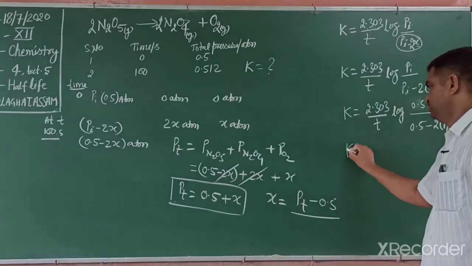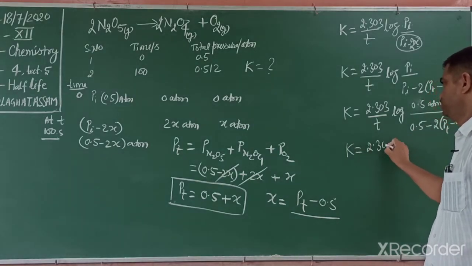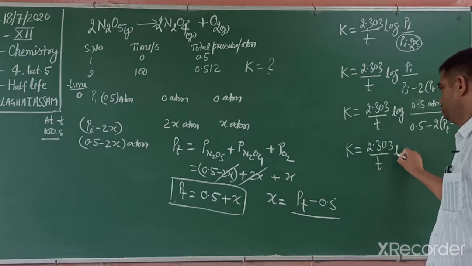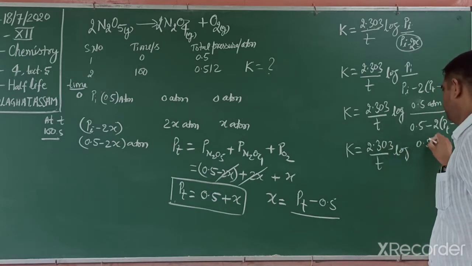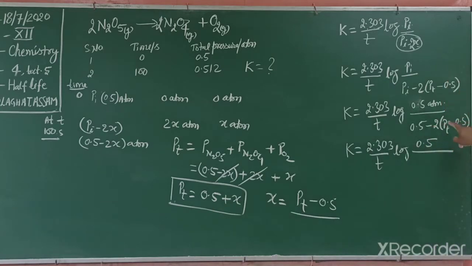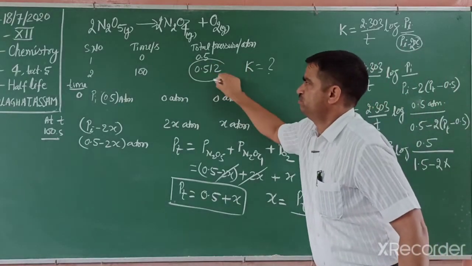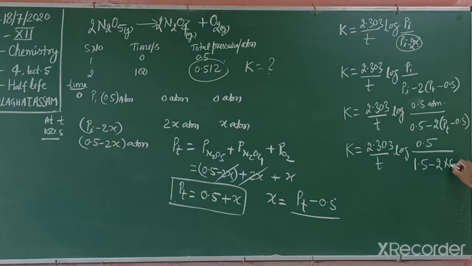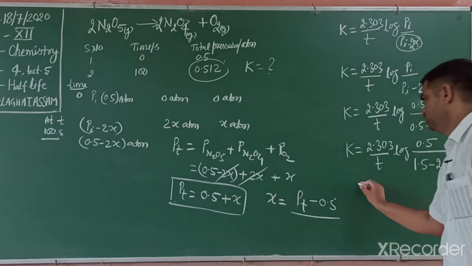So this value is changed into K is equal to 2.303 divided by t log 0.5 divided by, if you solve to multiply 1.5, then 1, we can write 1.5 minus 2 P total. 2 into P total. P total is given, that is 0.12. So we write 0.512. If we solve this, then we get further this answer.